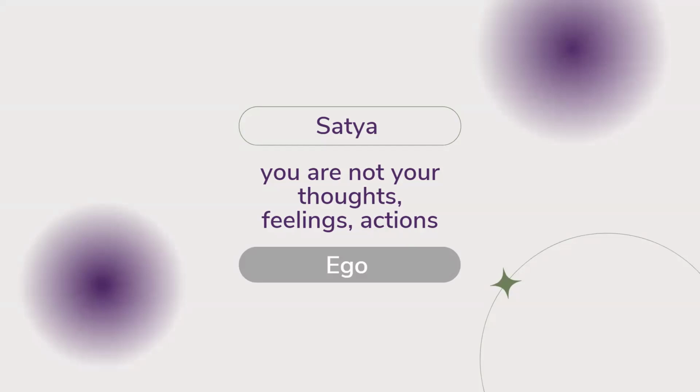Rather, you're saying I am experiencing anger right now. So it's a subtle reminder to your psyche that it is a changing state. That anger is not something that is you forever. It is what you're experiencing right now. It's come and it will go.